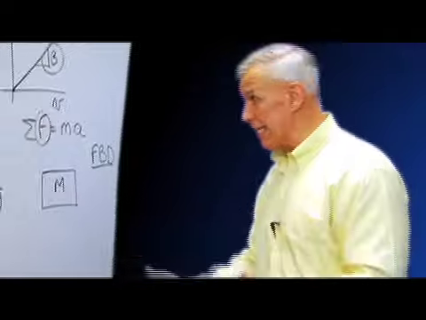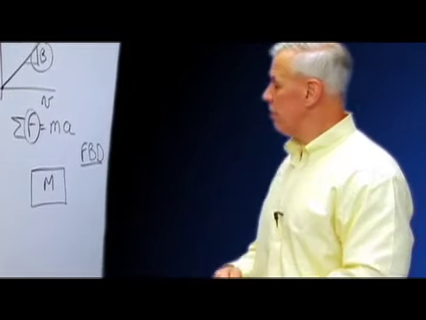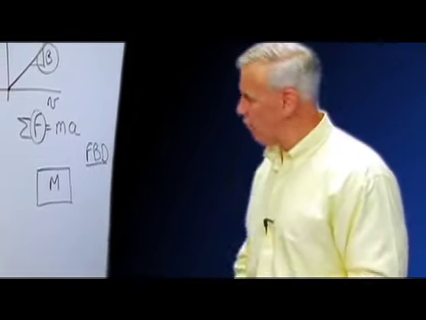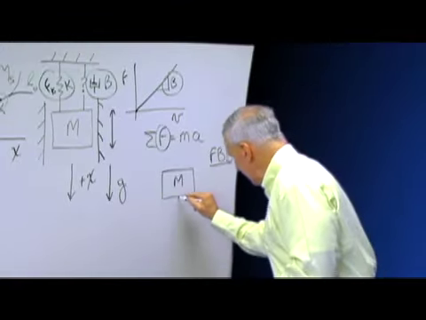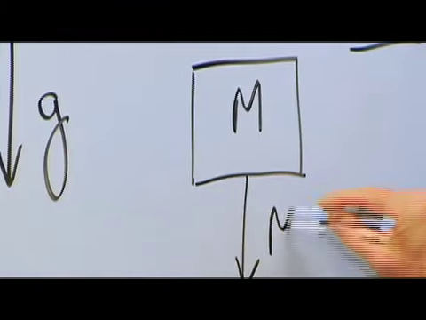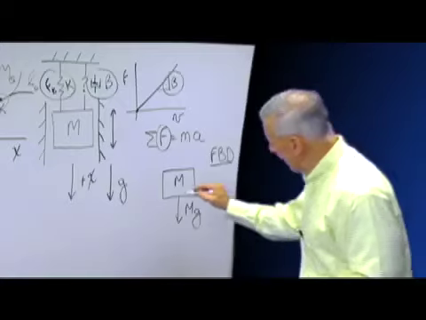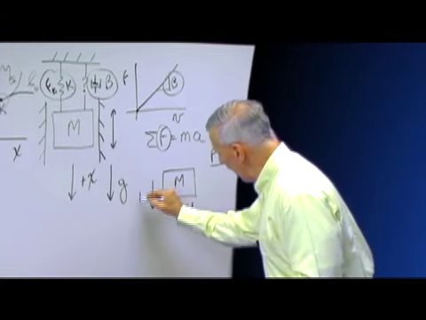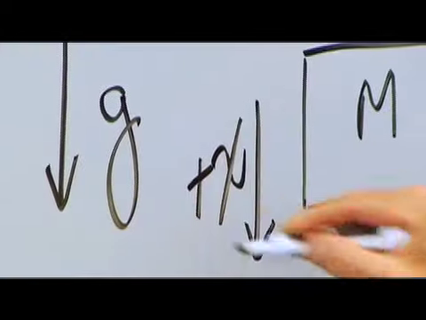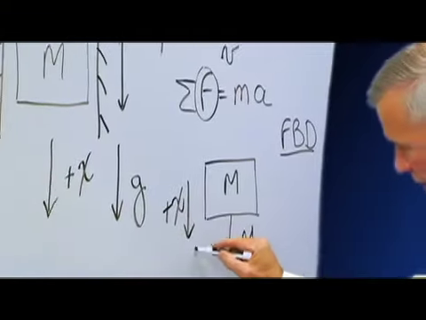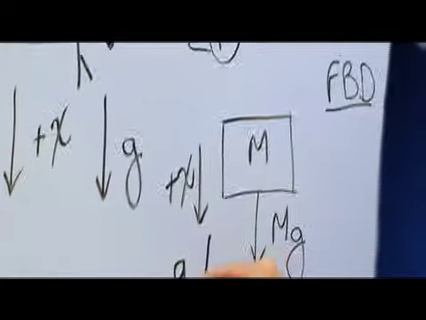The only force that acts at a distance is gravity. There are no electromagnetic forces here. And so that is its weight, which is its mass times its acceleration due to gravity. Again, this is the plus x direction. And gravity is acting straight down. What other forces are acting?